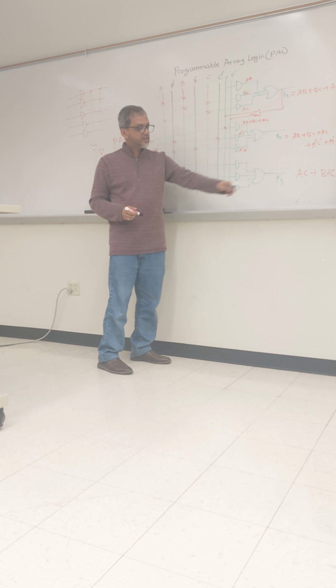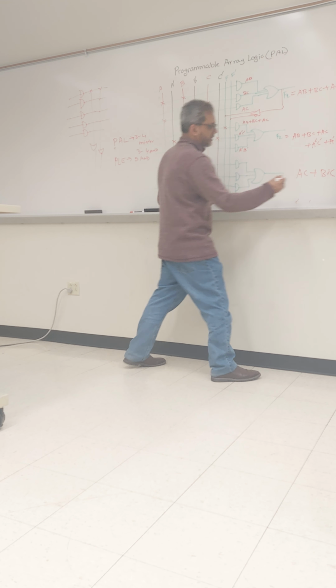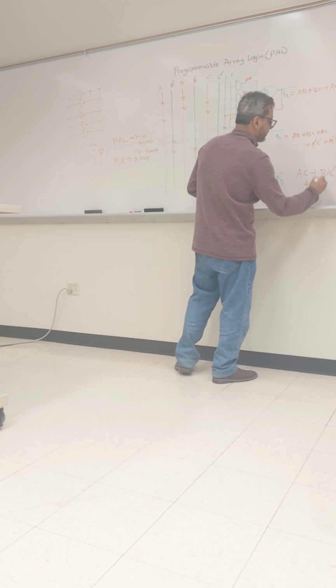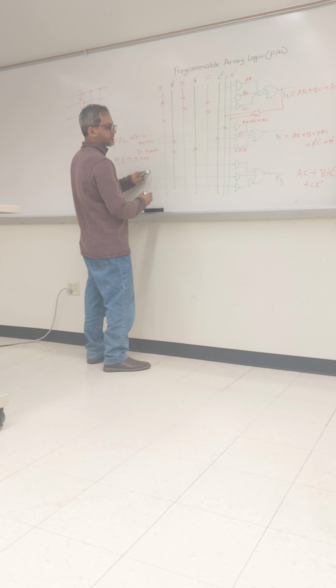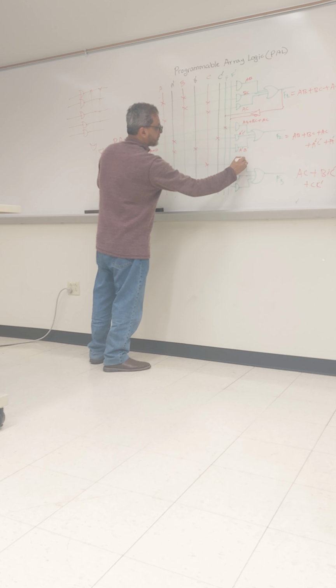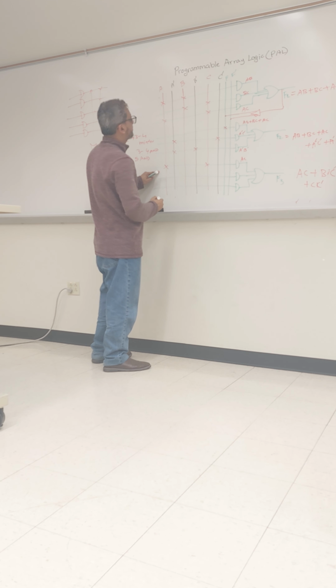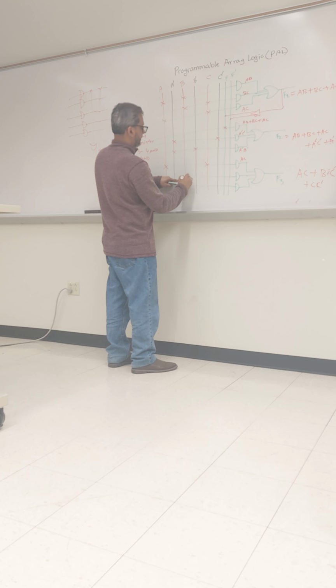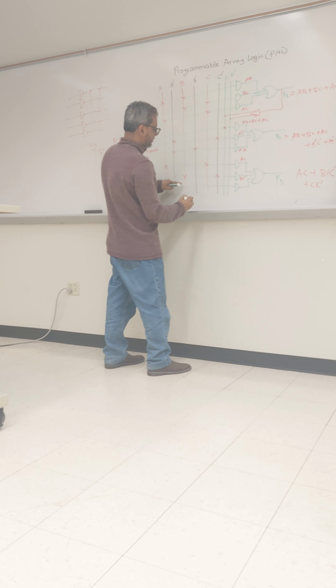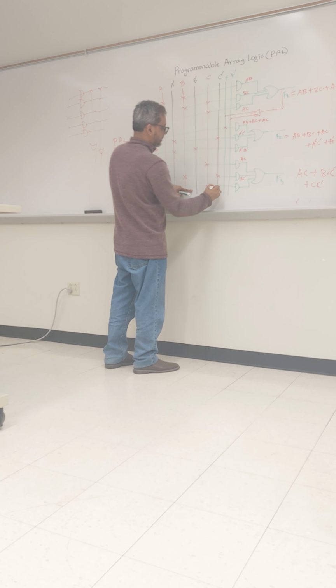Then finally, this is AC, and maybe it is, for example, BC bar plus C bar. So it will be AC, so this is A and C. Then the second one is BC bar, B, C bar, and finally CC bar.